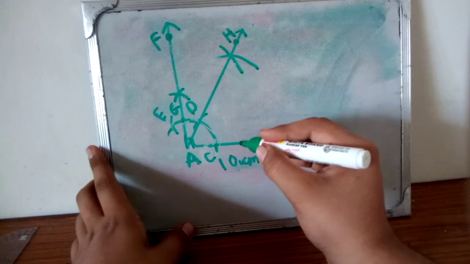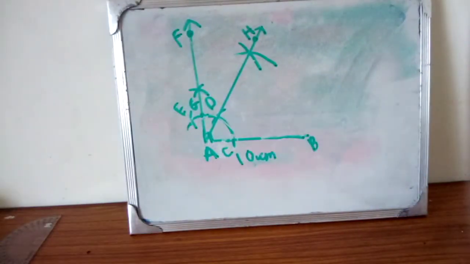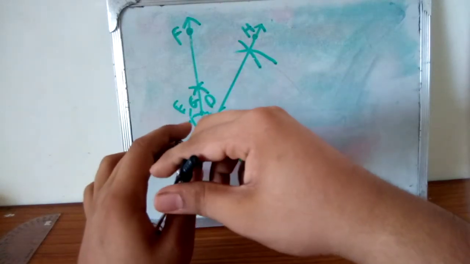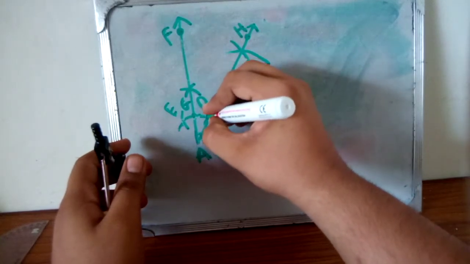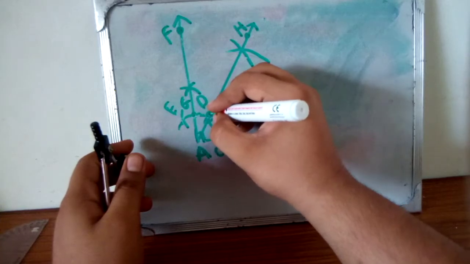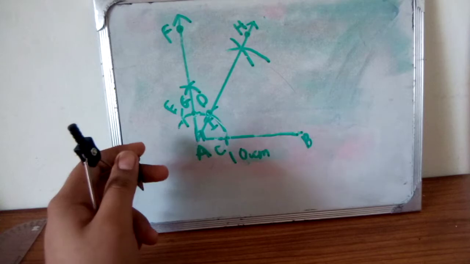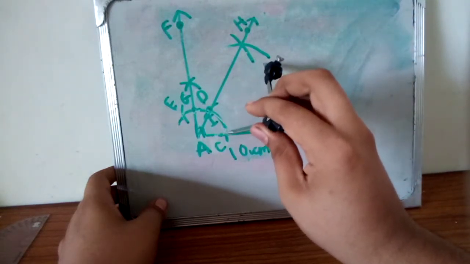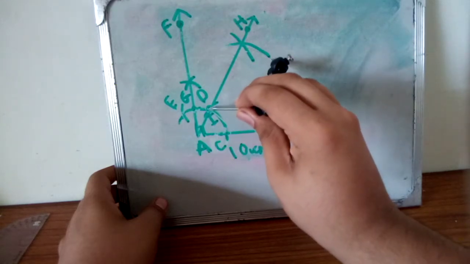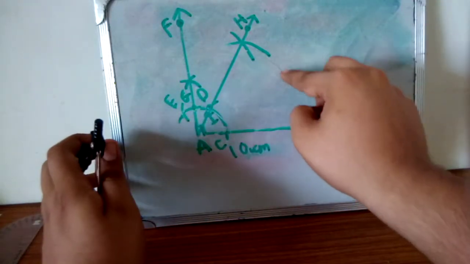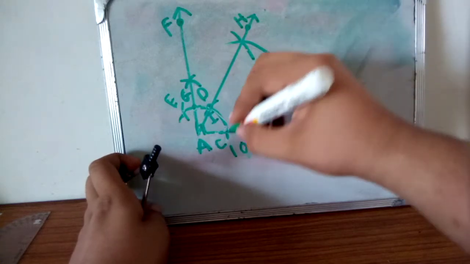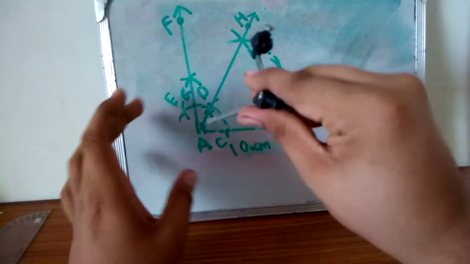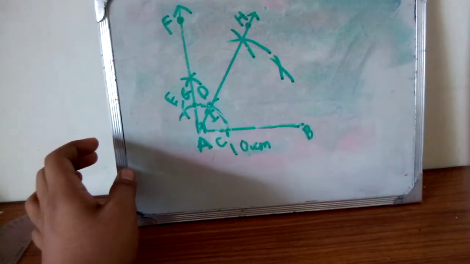So keep the radius as more than half AB and keep the compass tip at point C and draw an arc, and then keep the compass tip at point I. This is point I. Then keep the compass tip at point I and draw an arc to intersect the previous drawn arc. So we would join the line segment.